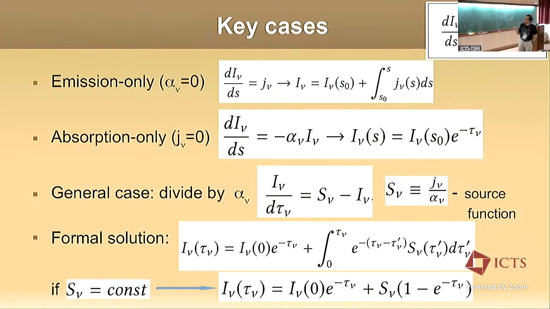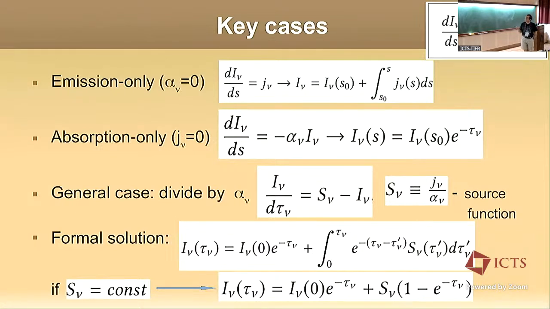Because alpha gets integrated over the path length, the final intensity equals the initial intensity with exponential attenuation by the optical depth. The exponential comes from the fact that it is the solution of this kind of equation.